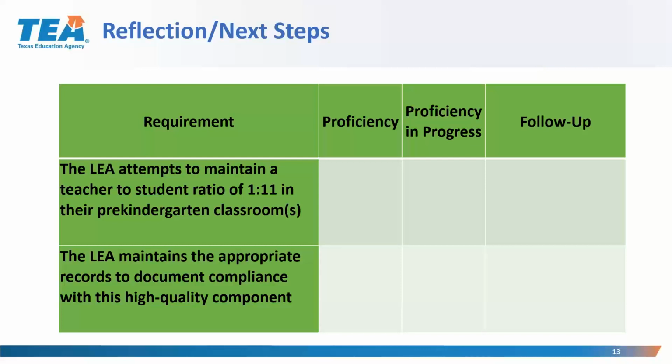So let's look at the 2 requirements. It says the LEA attempts to maintain a teacher-to-student ratio of 1:11 in their pre-kindergarten classrooms, and the LEA maintains the appropriate records to document compliance with this high-quality component.